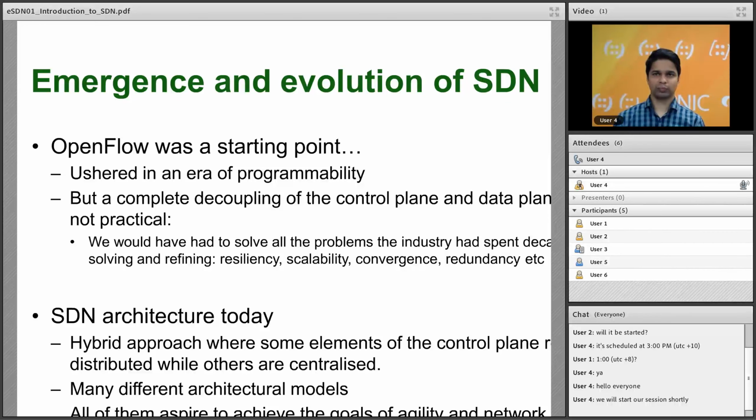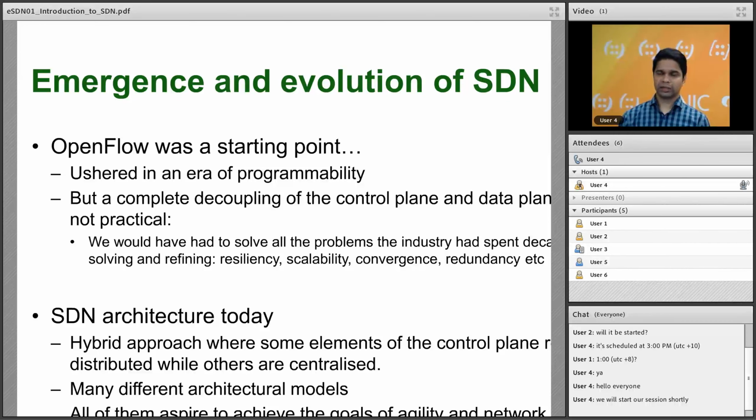The industry had spent decades solving and refining resiliency, scalability, convergence, and redundancy, and it creates a new thought for us: if we have OpenFlow, how do we build the network topology, how do we react quickly to network failure, how do we address controller redundancy, and so on.